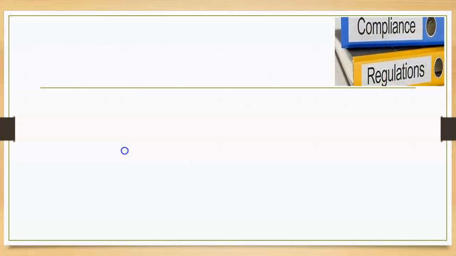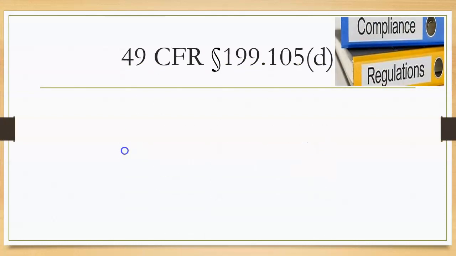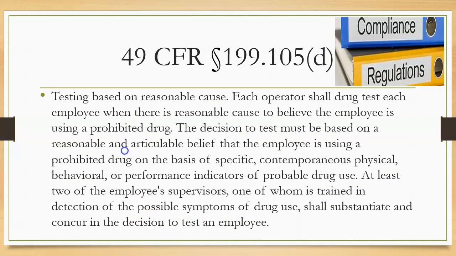The last citation from the Code of Federal Regulations is Title 49, Section 199.105, Part D, which states, testing based on reasonable cause. Each operator shall drug test each employee when there is a reasonable cause to believe the employee is using a prohibited drug.